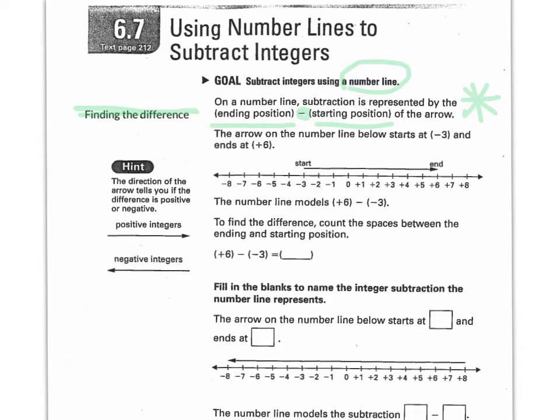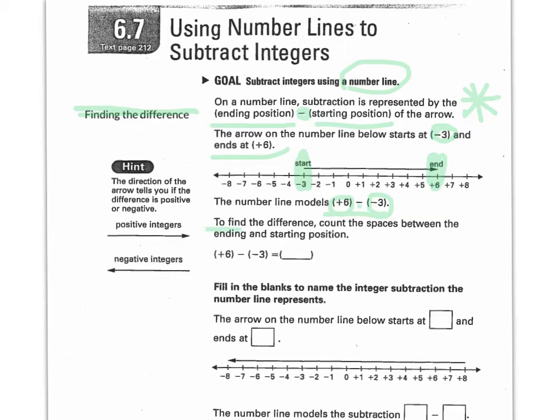This arrow on the number line starts at -3 right here and ends at +6 right here. So the number line models +6 subtract -3. The end position subtract the starting position.